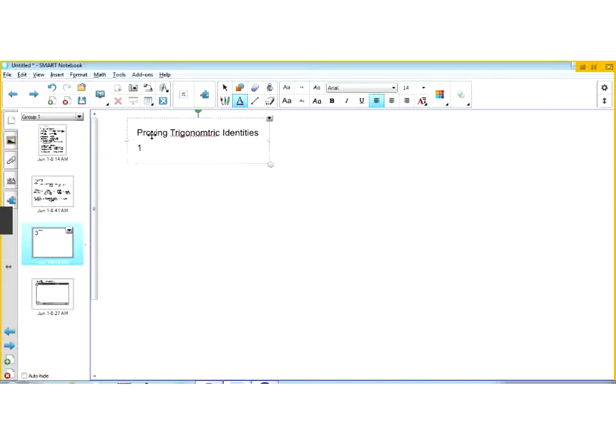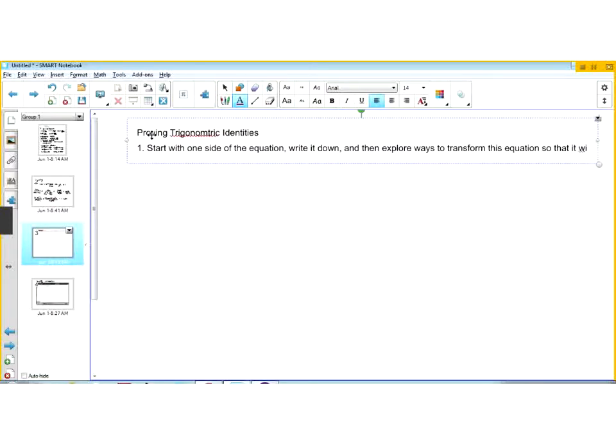So the procedure would be to start with one side of the equation, write it down, and then explore ways to transform this equation so that it will become the same as the other side of the equation.